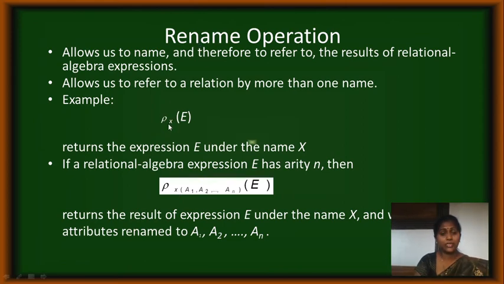rho is called the rename operation. It allows us to name, and therefore to refer to, the result of a relational algebraic expression, and it allows us to refer to the relation by more than one name.